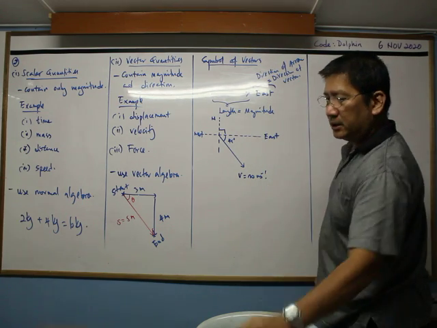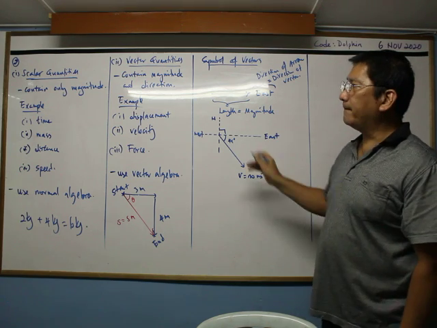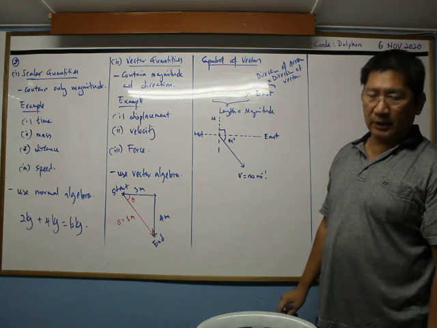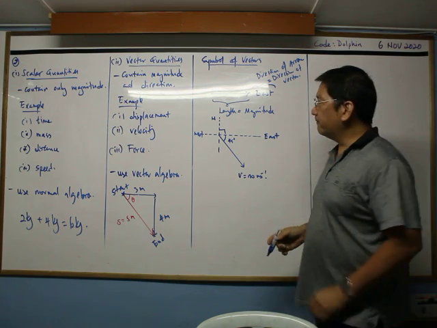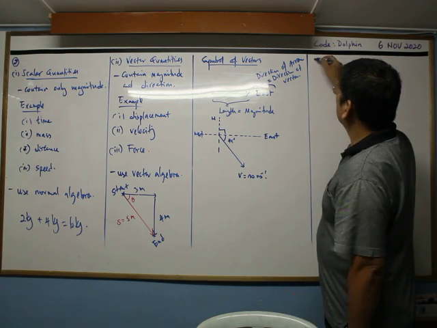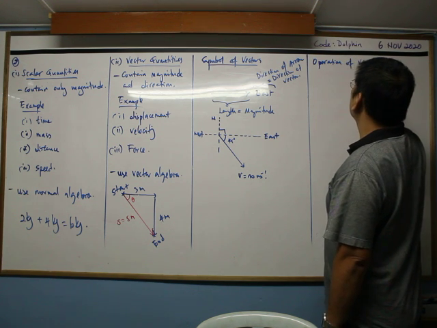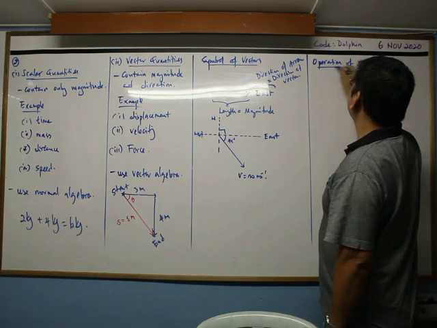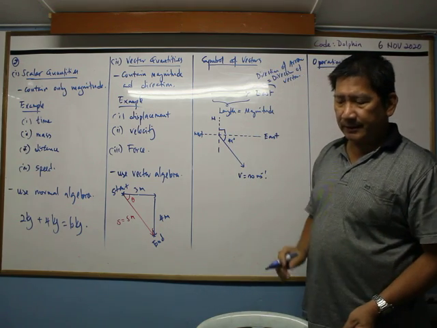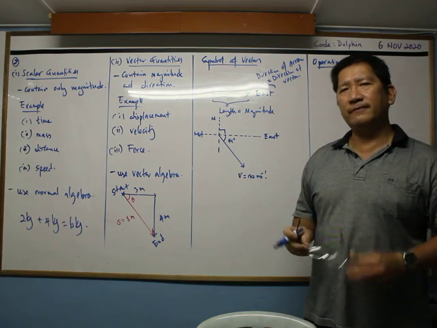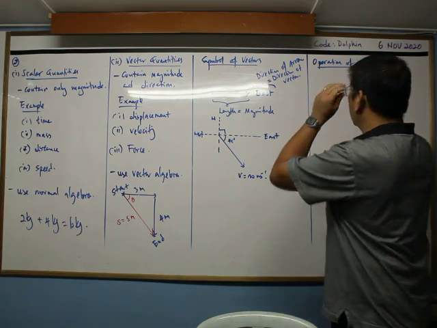So you see it's a much more complicated procedure in solving vector equations compared to scalar quantities. So what can we do with vectors? We have a few operations. Operations of vectors means what you can do when you are given two or more vectors.